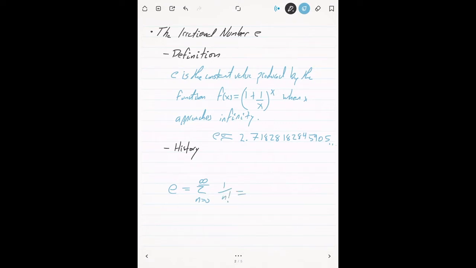That's basically saying take 1 over 1, plus 1 over 1, plus 1 over 1 times 2, plus 1 over 1 times 2 times 3, plus etc. And you just keep repeating that pattern. So that's when we have summation notation. That's another definition for e. This is what's called an infinite series definition. There are others out there as well.